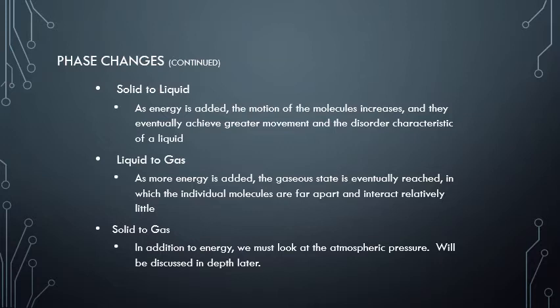So these first few phase changes that we're talking about are all endothermic processes. If you remember, endothermic means that we are absorbing energy, so the energy content is going to be increasing. You can think about it in terms of the different states of matter and your knowledge of those states in comparison to each other.